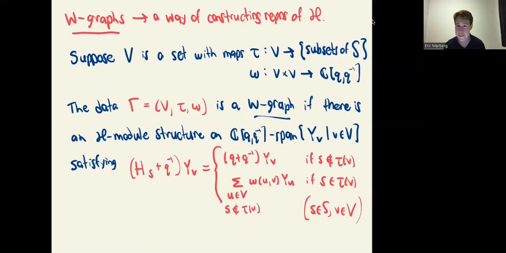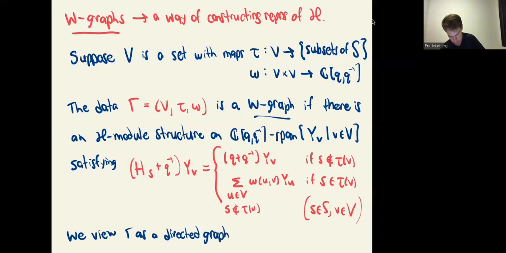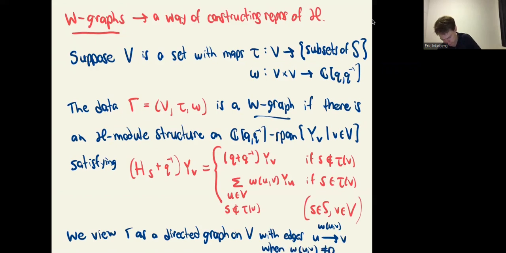Okay, so this is a kind of oddly specific formula for a module structure, but this turns out to be fairly flexible. So we call this data a W-graph because we can just view gamma as a directed graph on V with edges U goes to V, labeled omega of U comma V, when this number omega_UV is non-zero.